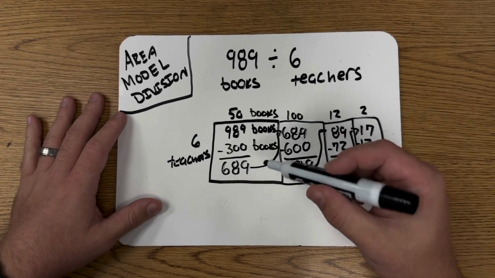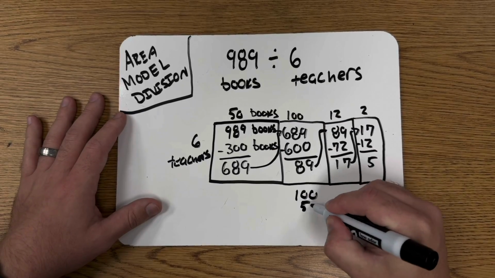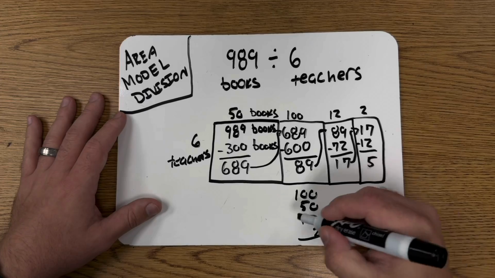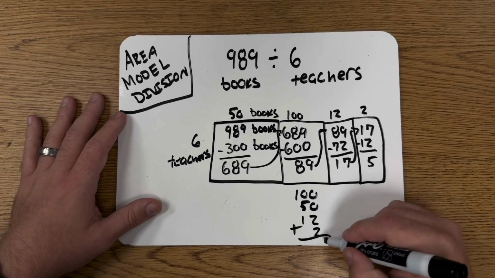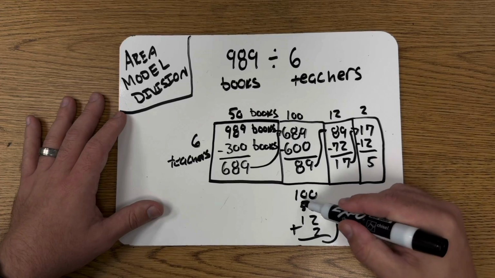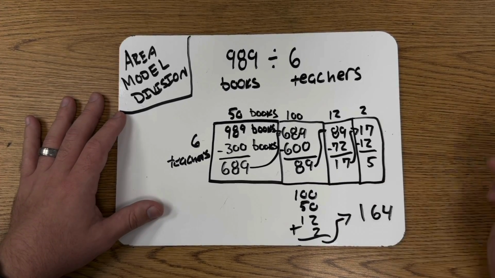So I look at this and I say, okay, I have 100, I have 50, I have 12, and I have 2. And if we go ahead and try and add that together with barely any room left over here, we get a 4, we get a 6, and we get a 1.